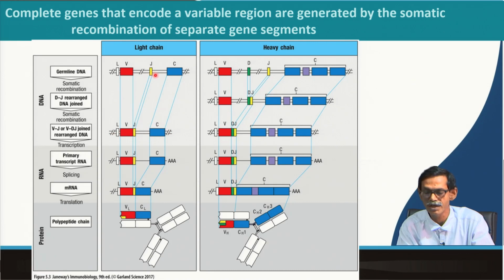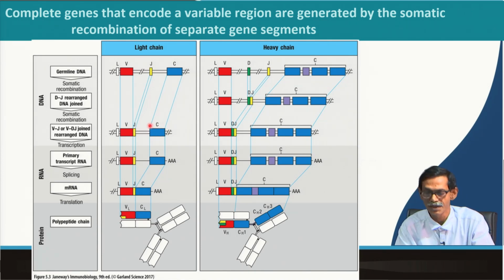In this figure, wherever two lines are there, this is DNA and a single line is representing the RNA. Okay. So, these V and J recombine and make a continuous structure, V J together, and then there is some space and the constant region.